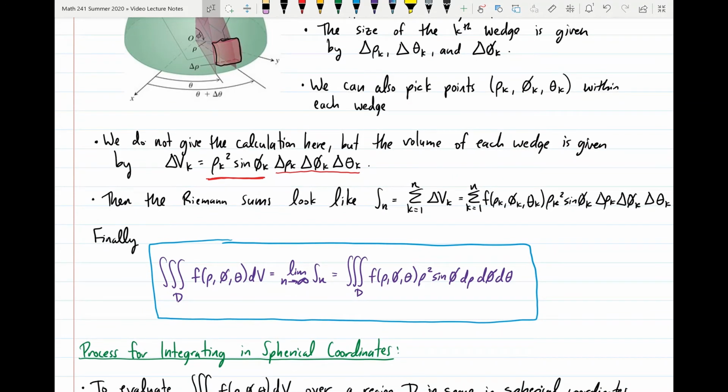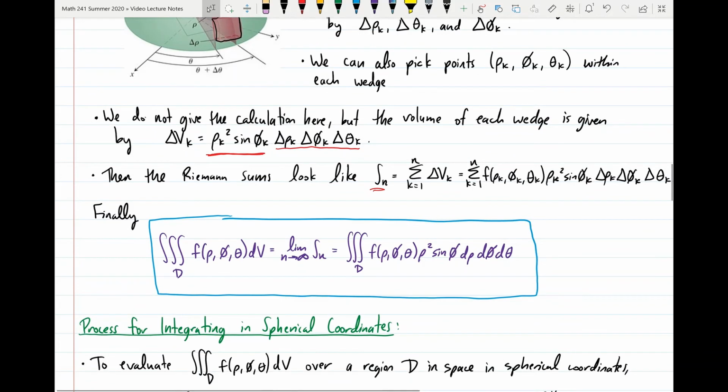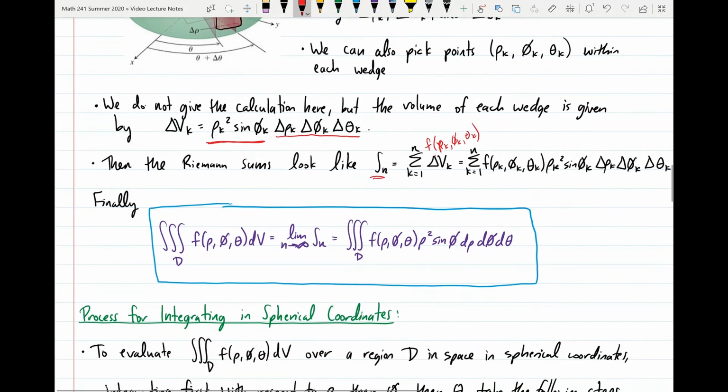So because the volume is given as this equation here, the Riemann sums are going to look like S sub n is still equal to the sum of all of the n different wedges, which is going to be equal to, oh, actually this should not be volume, this should be f of rho sub k, phi sub k, theta sub k, times the volume, which I just forgot to put in there.